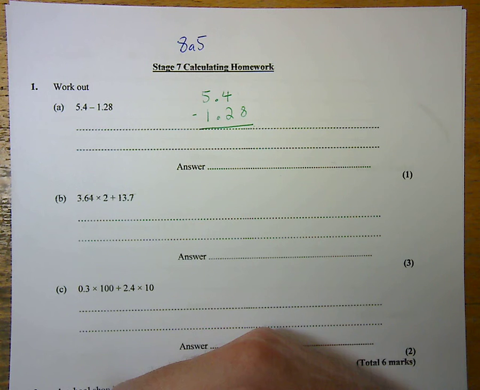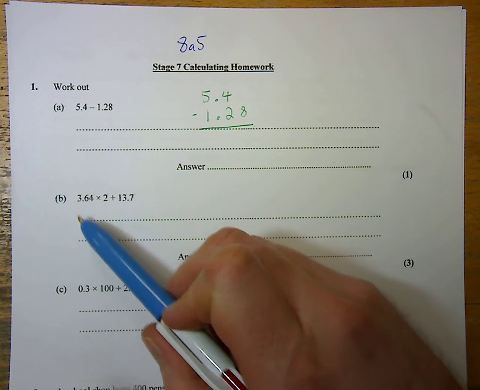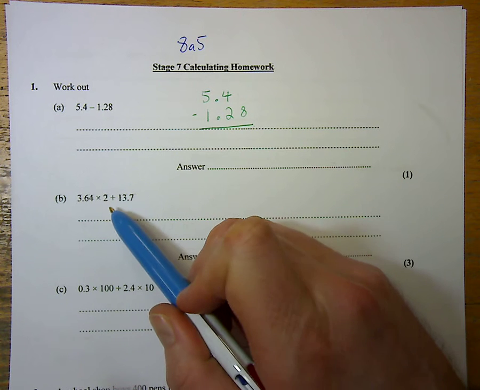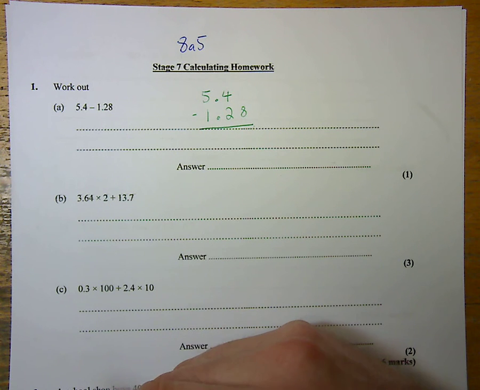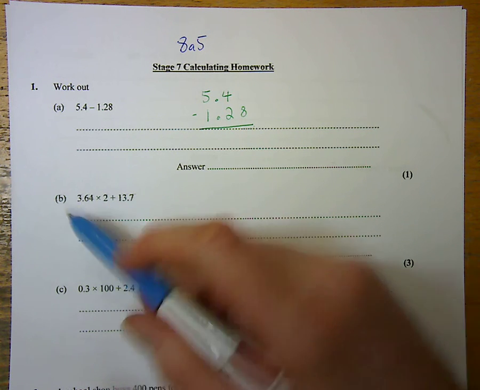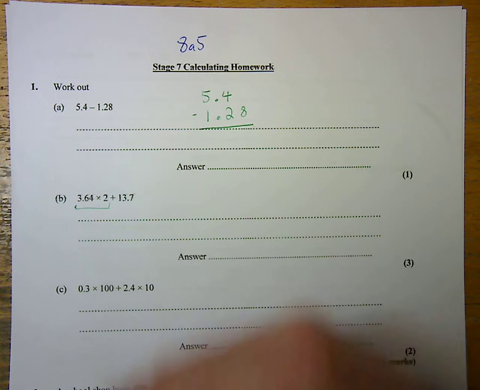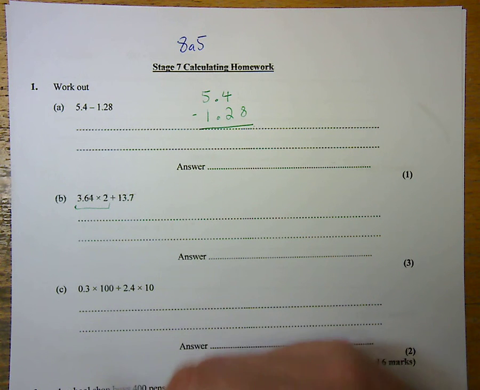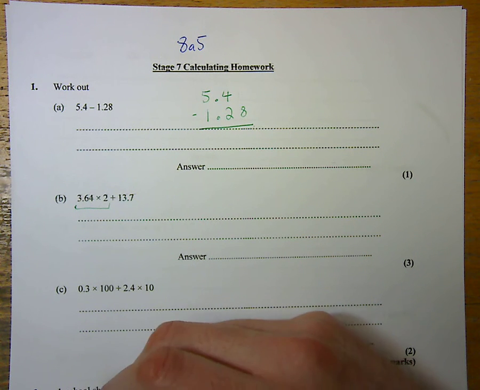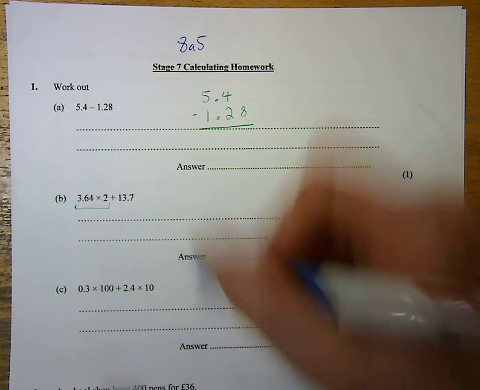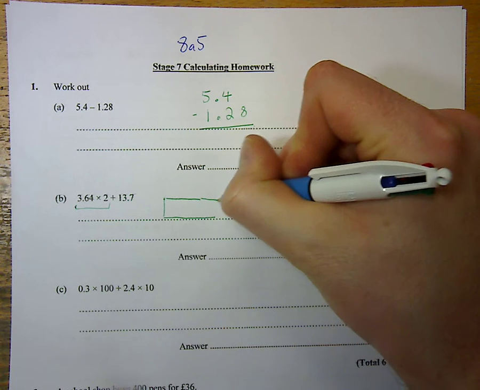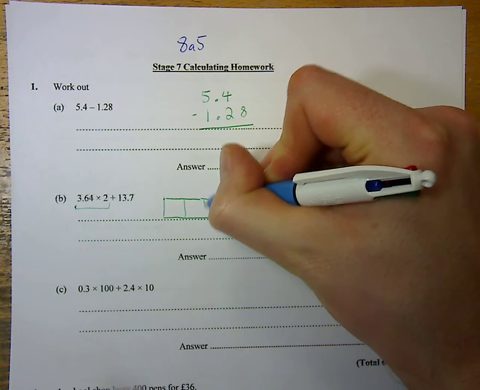Okay, next question, we've got 3.64 multiplied by 2 plus 13.7. So the first thing we're going to need to do is tackle this multiplication. 3.64 multiplied by 2. Now, what we've done in class, you may want to use a different method, but what we've done is use the Chinese grid method, which looks like this.